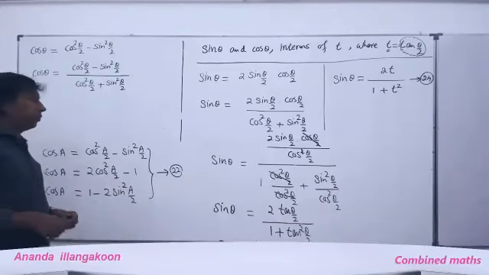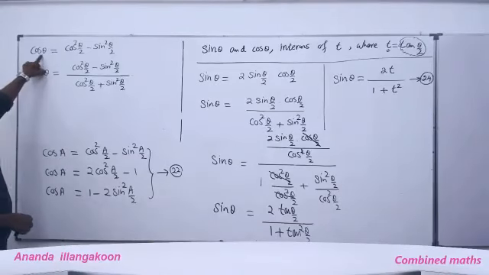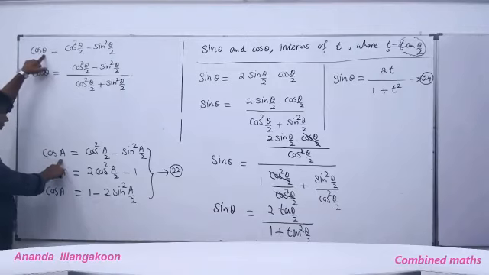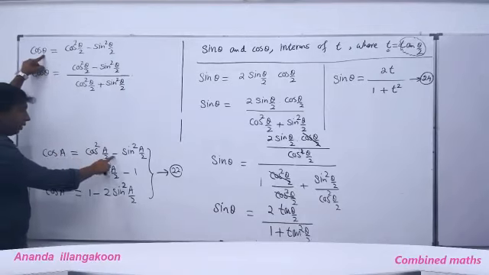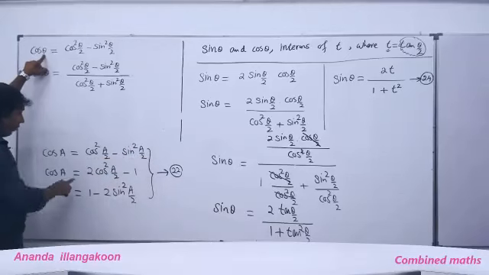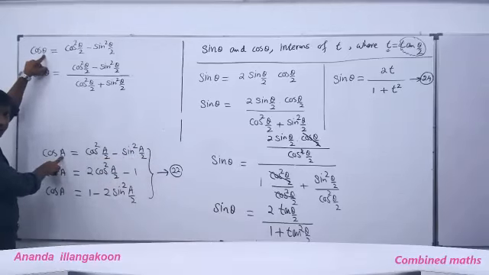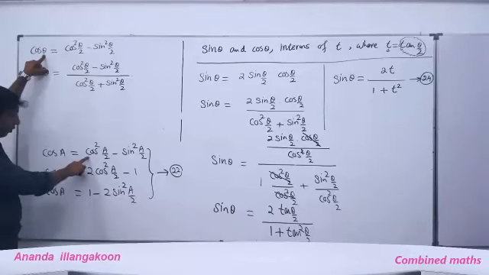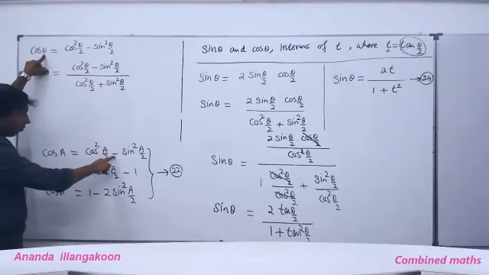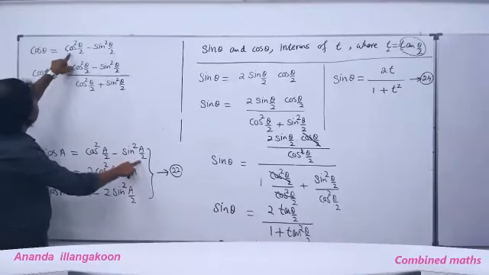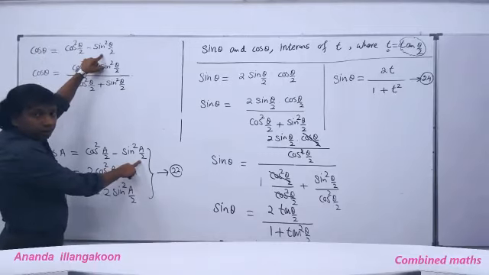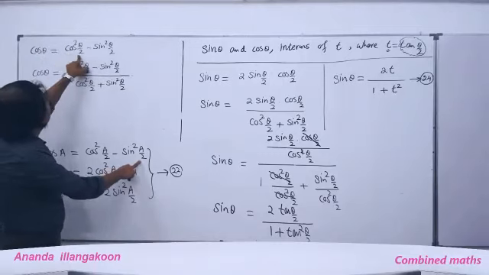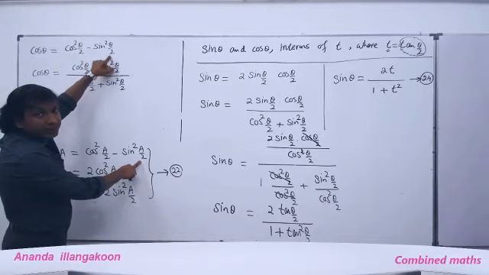Right, now we wrote this cos theta by following this. If we have a here, a by 2 here, and then if we put theta for a, we get cos theta equals cos square theta by 2 minus sin square theta by 2. When you write this way, its denominator is 1.